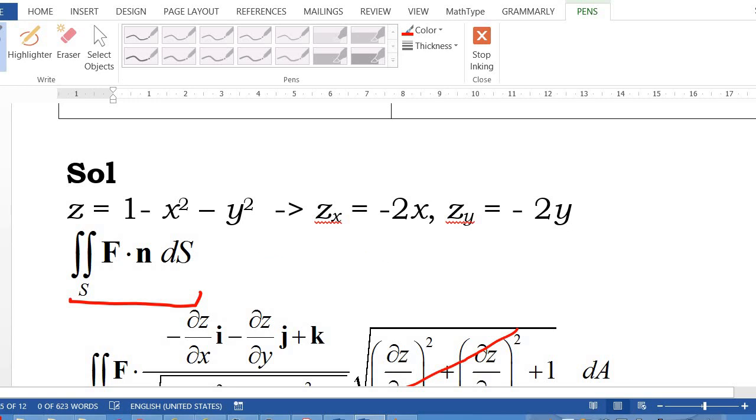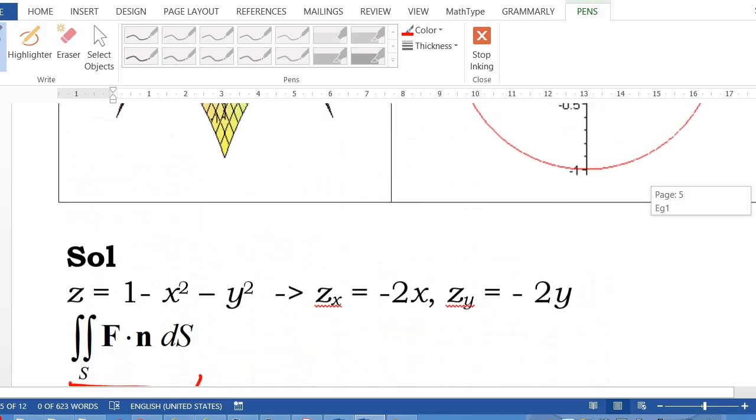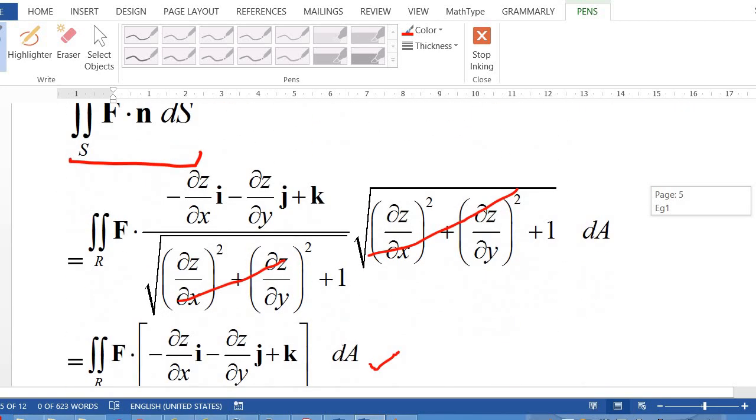First of all, because the question says the unit normal vector is pointing up, your unit normal vector is negative del z del x i minus del z del y j plus k, divided by the magnitude of the normal vector, which is the square root of (del z del x) squared plus (del z del y) squared plus 1.